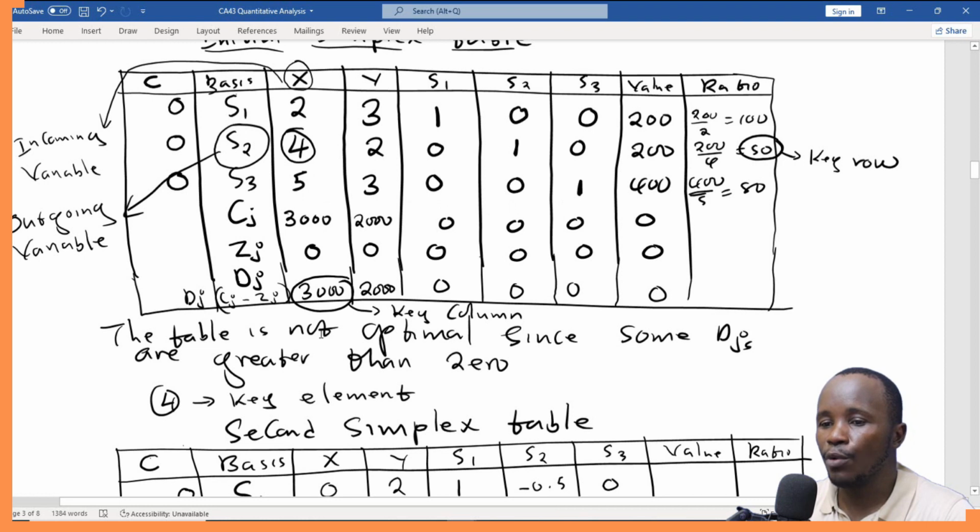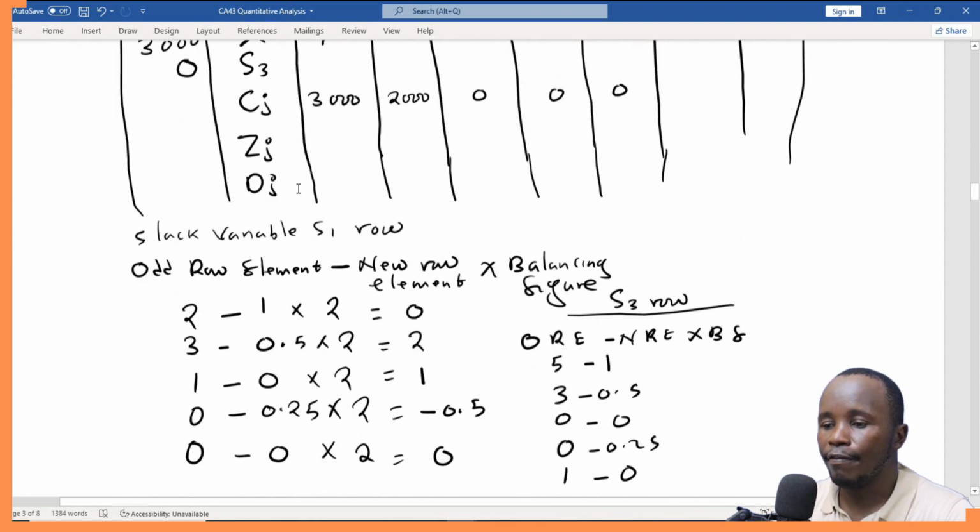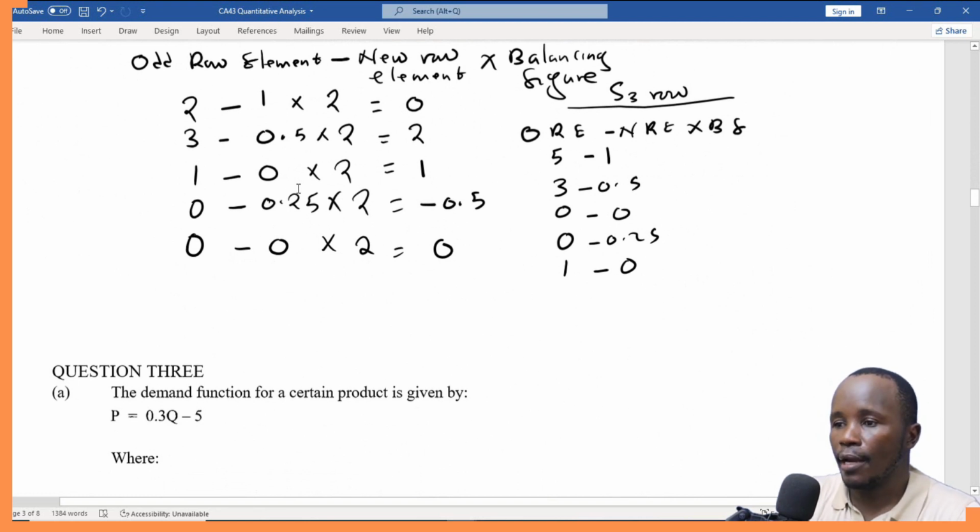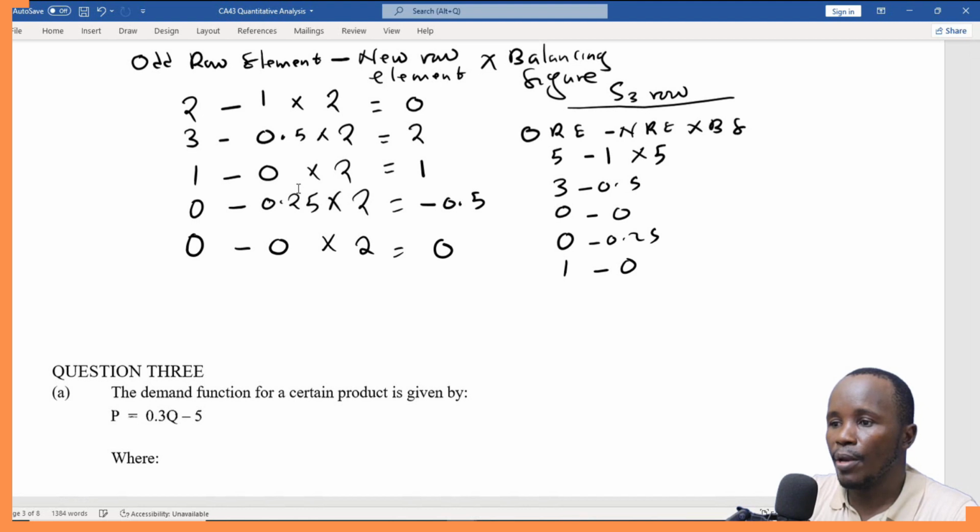Which value coincides with the key column? In this case is 5. We bring our 5 here. So here we are going to multiply this one by 5, multiply by 5 times 5 times 5 times 5.